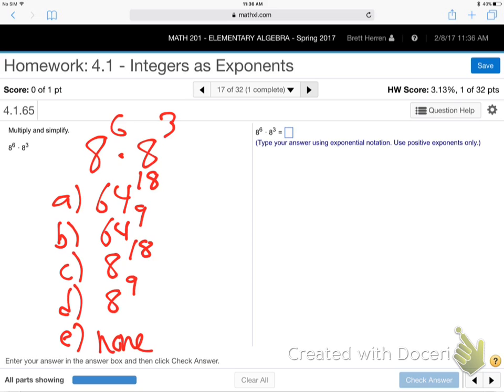There we go. So there's 4 answers, like a multiple choice test quiz thing. 8 times 8 is 64, in case you're wondering about the numbers. Anyway, so it's 8 to the 6th times 8 to the 3rd.